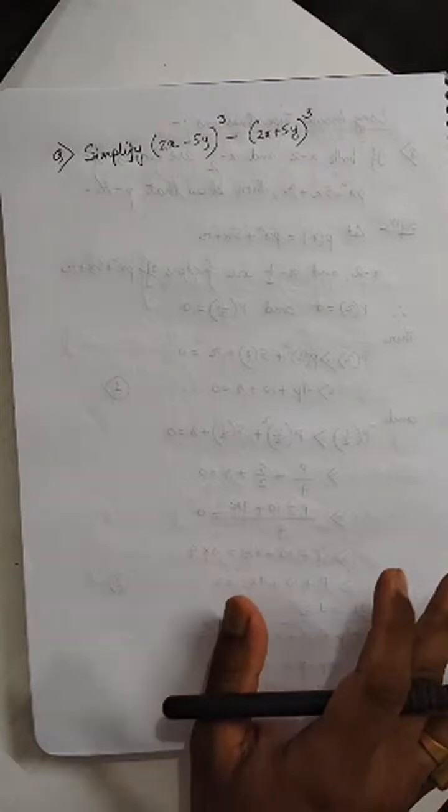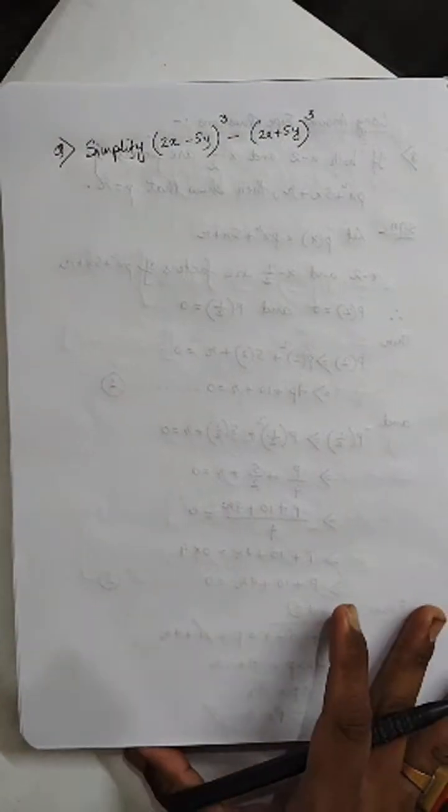So this is very clearly which identity? x cube minus y cube, or you may say a cube minus b cube, which we already have discussed.